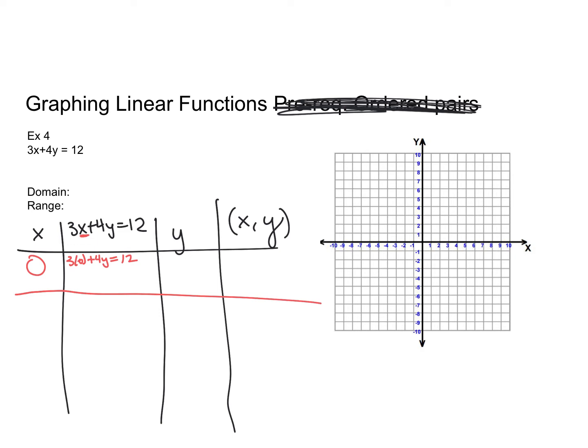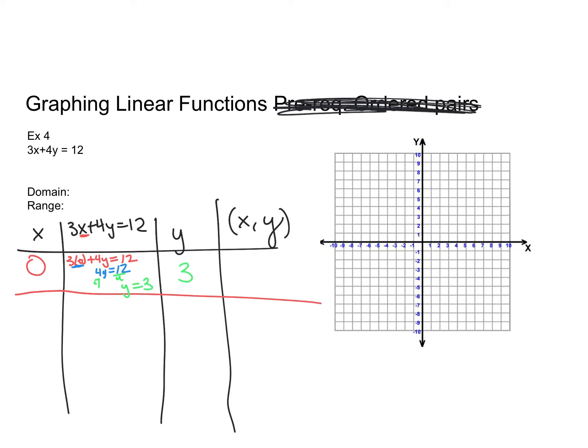When I plug 0 in for x, this piece right here becomes a 0, right? 3 times 0 is just 0. And then I have 4y equals 12. And that's 4 times y equals 12. So I would divide both sides by 4 to get y equals 3.